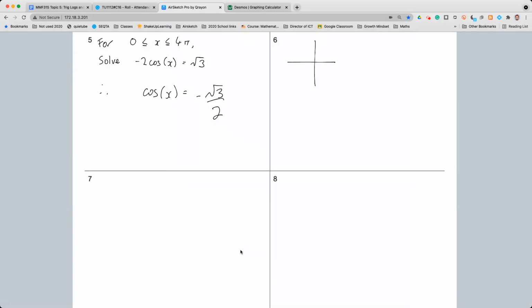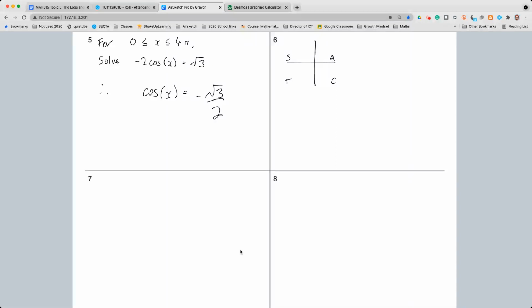Okay, next thing. Draw our quadrants. We need to find a value where cos is negative. So where is cos negative? There's 4 quadrants. Quadrant 4, Quadrant 1, Quadrant 2, Quadrant 3. So which quadrants is cosine negative? Ollie?